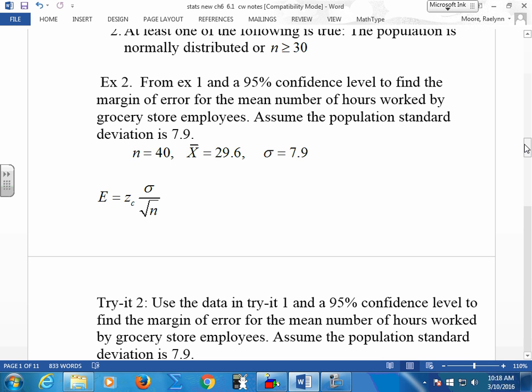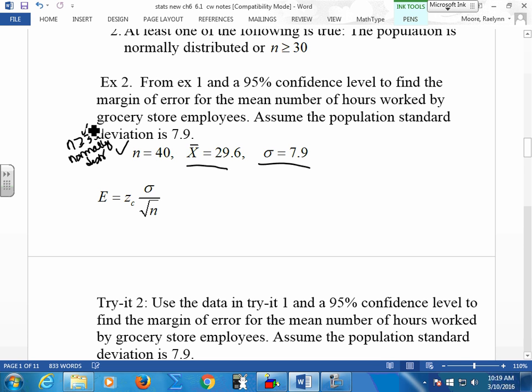So from example 1, in example 1 you had to put this all into your calculator. You had to find the mean, you had to find the standard deviation. Okay, now you want to say that n is greater than or equal to 40 so that we know this is normally distributed, because n is greater than or equal to 30.